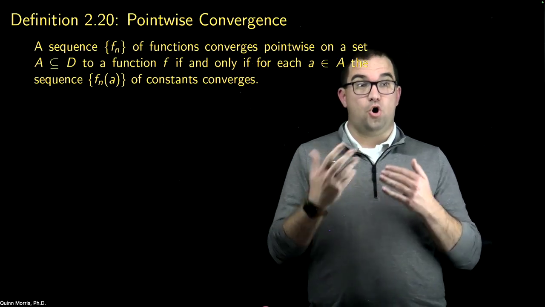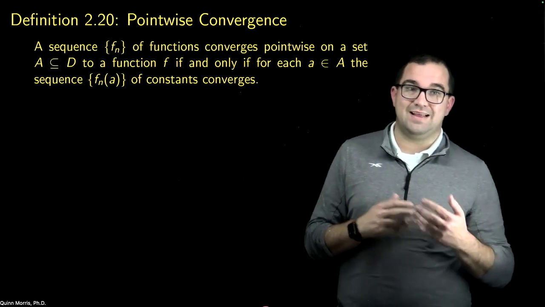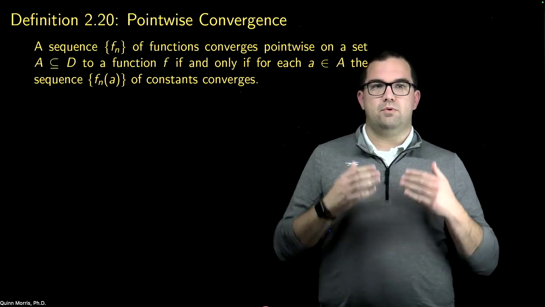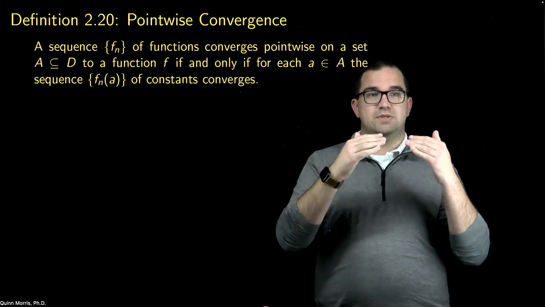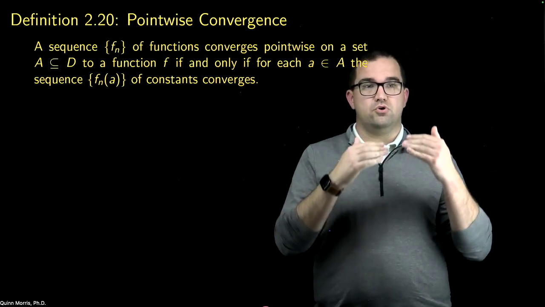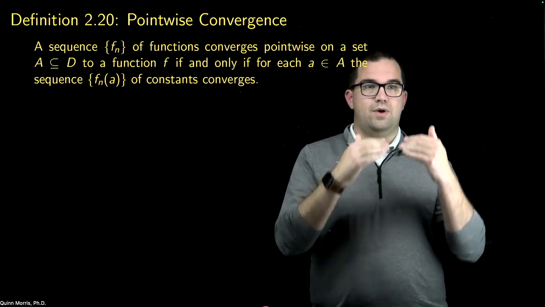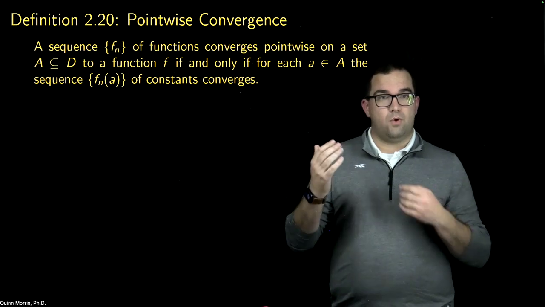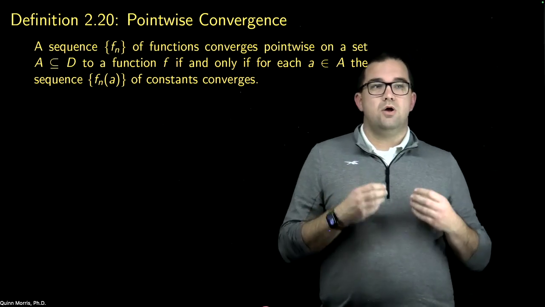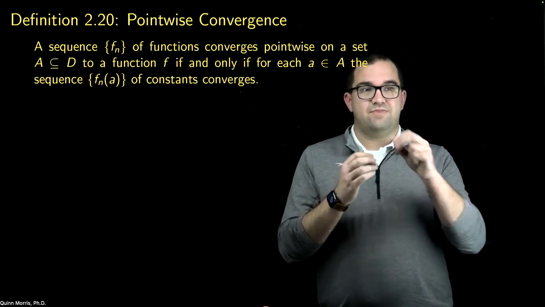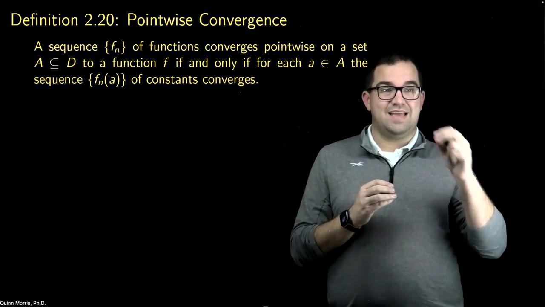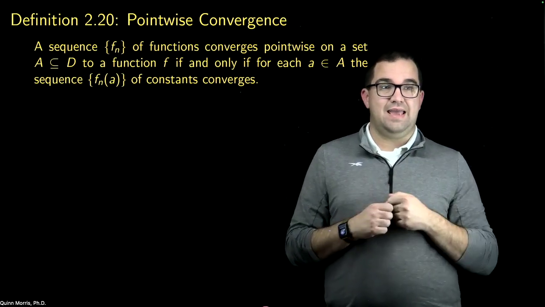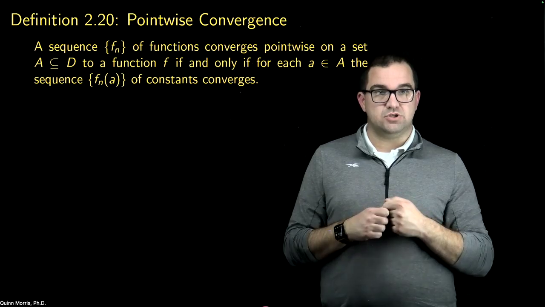Sometimes we may be looking at the whole domain, other times we might only be looking at a subset of the domain, but we want to define what it means for this sequence of functions to converge on some set to a function f. And essentially what we're doing for this pointwise convergence is we're saying, well, go through and for each value a in the set capital A, just plug that a into your sequence of functions.